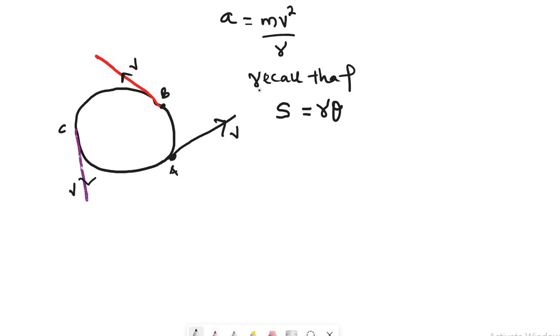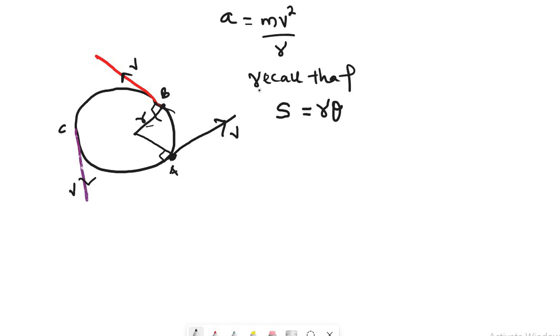Remember that for any object or particle undergoing circular motion, the direction of velocity is always tangential. Look at the way I drew it. It's always tangential to the circle and perpendicular to the radius.